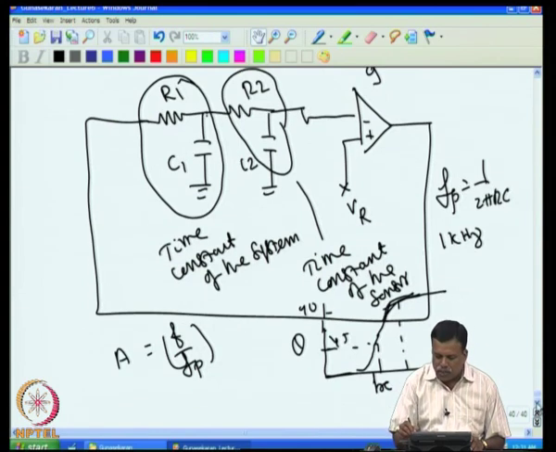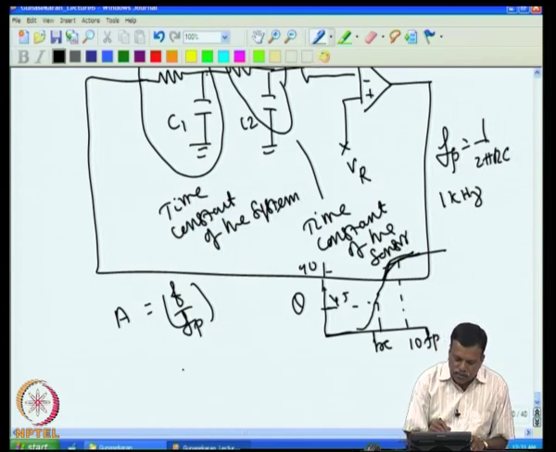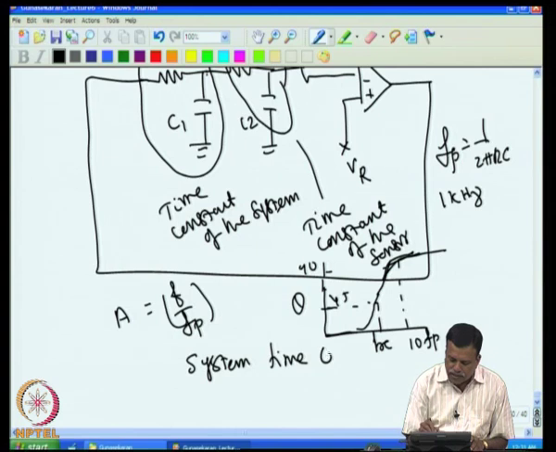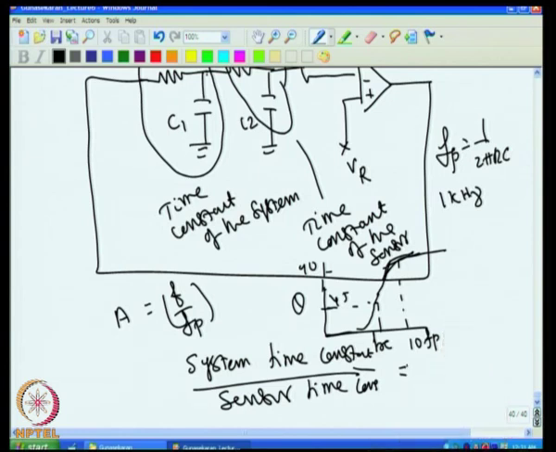Now, you can work out and see. I will show you that if I find the system time constant divided by the sensor time constant, the ratio between these two, the gain should be smaller compared to this ratio.